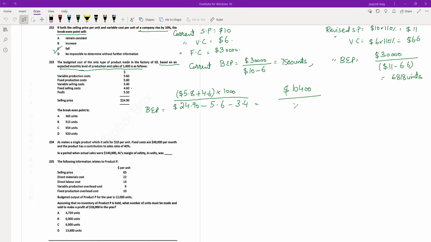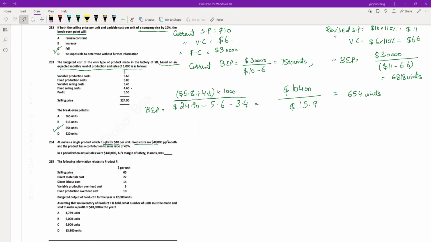So we have 15.9. So 10,400 divided by 15.9, 654 units is break-even point.